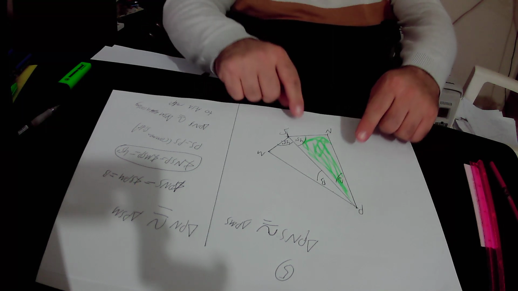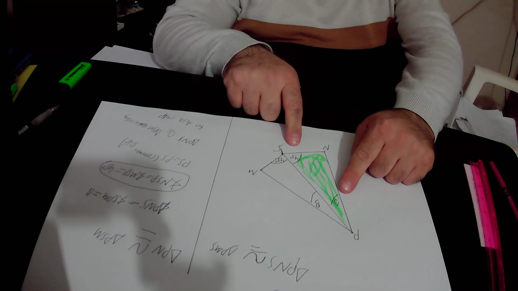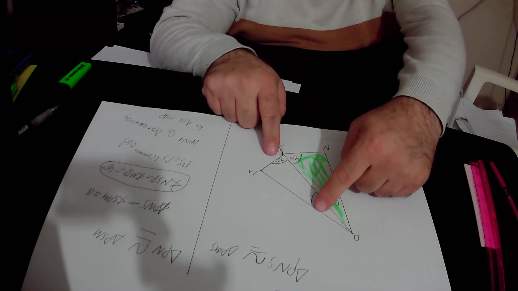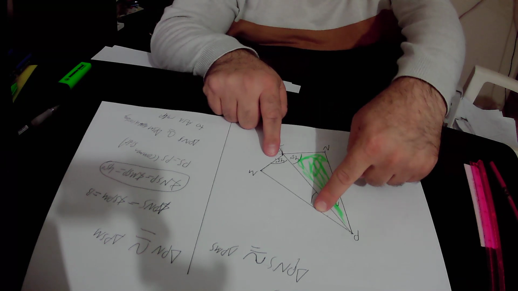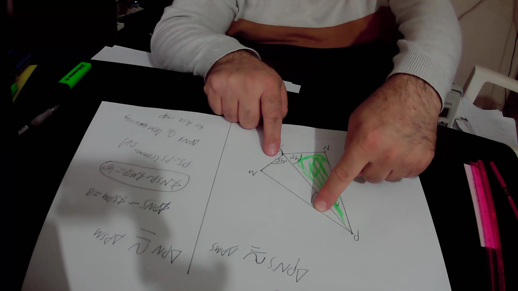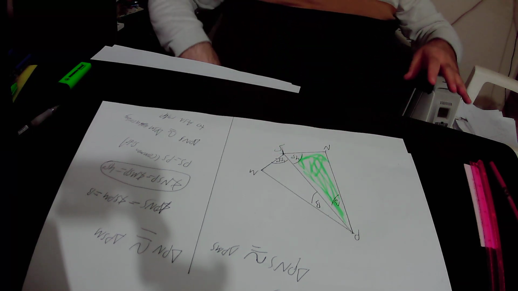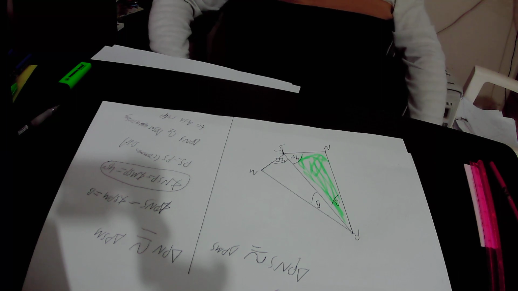And we proved that those two angles and side PS between them in the green triangle are congruent to those two angles and the side PS between them in the white triangle. Then we proved that those two triangles are congruent according to the angle side angle rule.